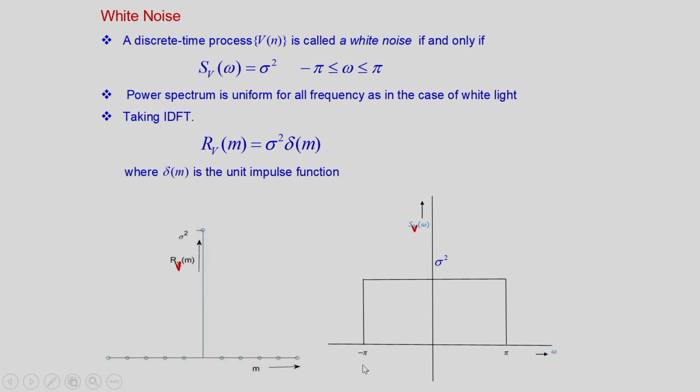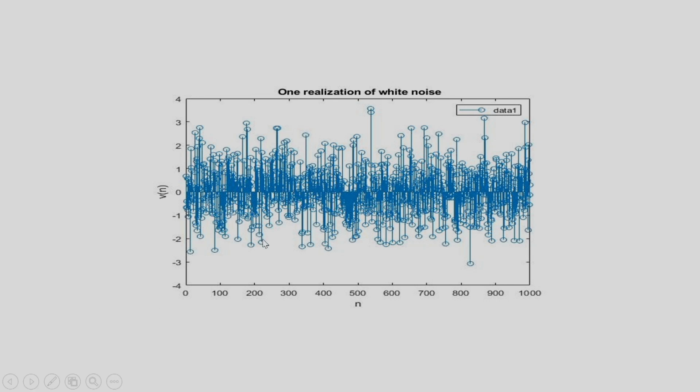This is uniform between minus pi and pi, and this one is the corresponding autocorrelation function. It has sigma square value at m equal to 0 and 0 elsewhere. This is a realization of a white noise. We see that these observations are pretty irregular, and we cannot find a pattern in this realization.